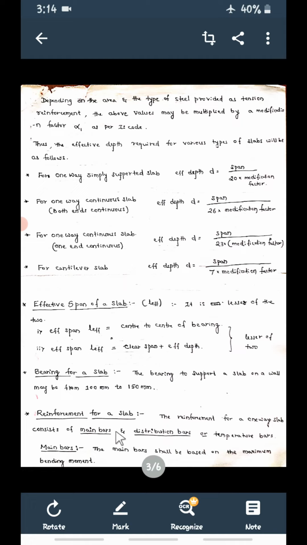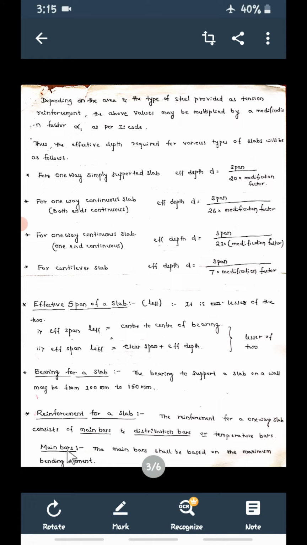Next is reinforcement. As you know, in a one-way slab, if it bends only in one direction, then along the shorter span main reinforcement will be provided. The reinforcement for a one-way slab consists of main bars and distribution bars, which are also called temperature bars.